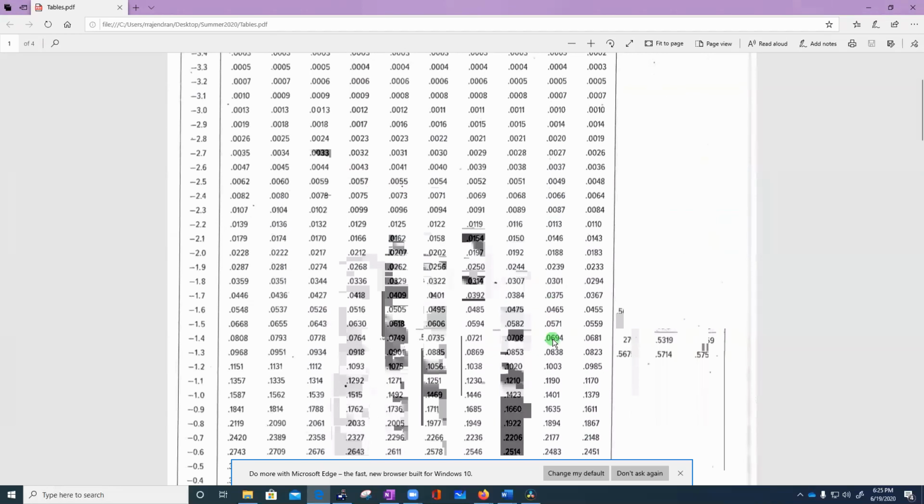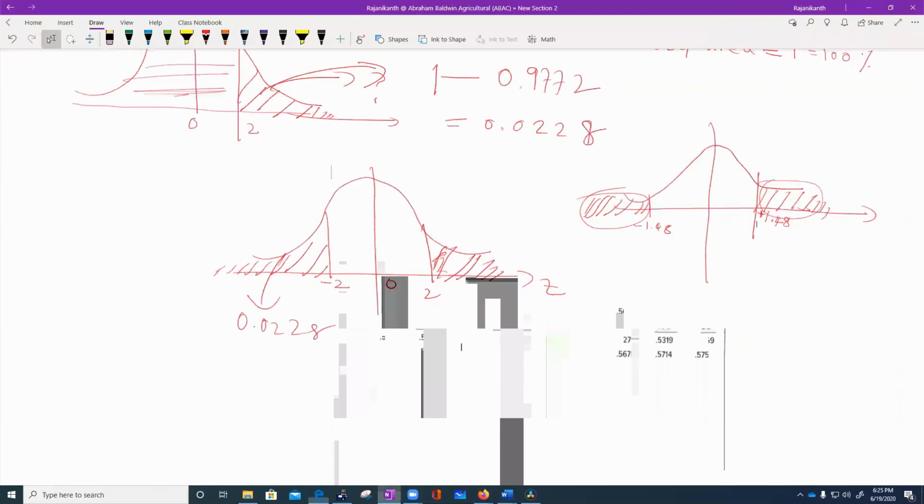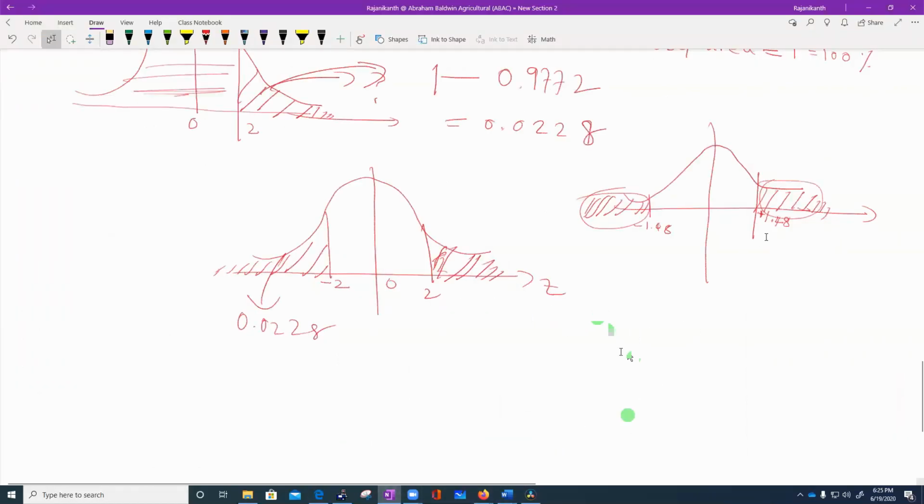How much is it? 0.0694. That means if this area is 0.0694, then what is this area? Same, right? Make sense? Okay, very good.